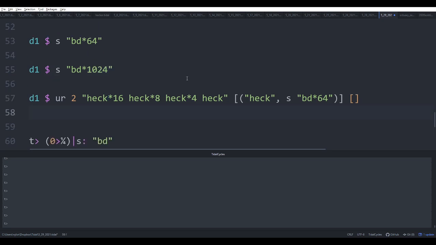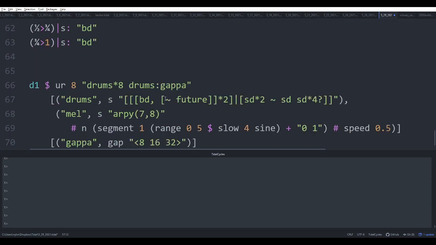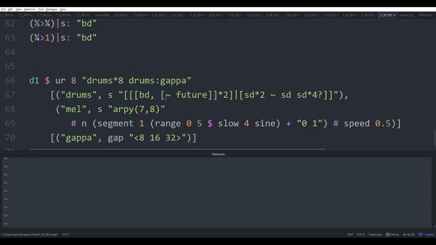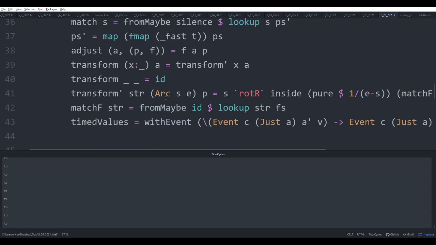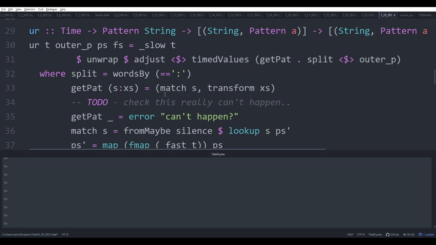Huh. Weird. This was a video where I was just going to make music, and instead I've spent a half hour trying to understand why functions did not behave the way I thought they should. I don't know if that's cool or disappointing.